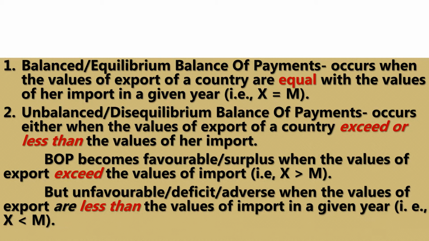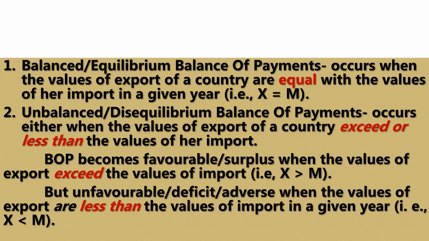By equilibrium balance of payment, we mean a situation where the values of a country's exports are equal with the values of our import in a given year. X equal to M. By X we mean export, while M represents import.